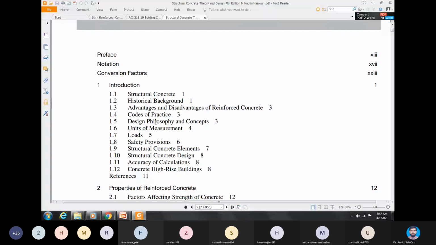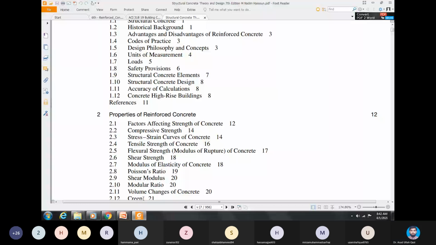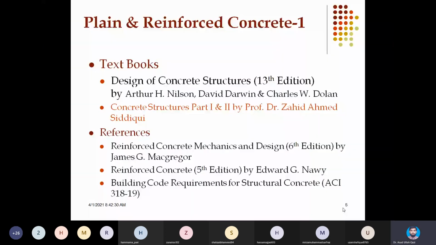While the books which are given here, like 13th edition of Nilson or 6th edition of MacGregor or 5th edition of Nawy, these are good books, very good books, but in some cases you will find that they are not referring to the latest code.